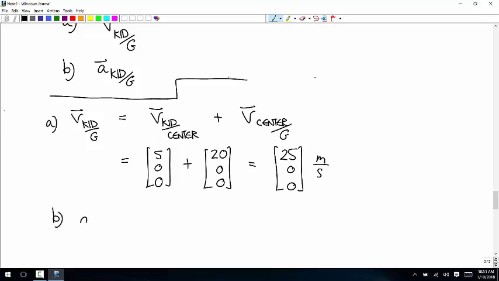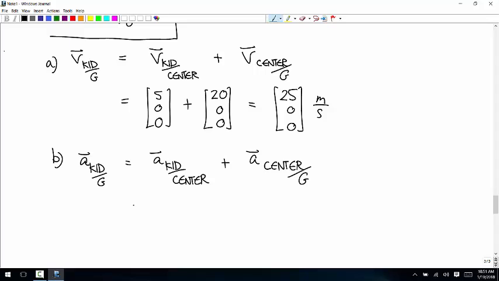And B, the acceleration of the kid relative to the ground is equal to the acceleration of the kid relative to the center plus the acceleration of the center relative to the ground. Remind me what the acceleration of the kid relative to the center was. That's first 12.5, 0.